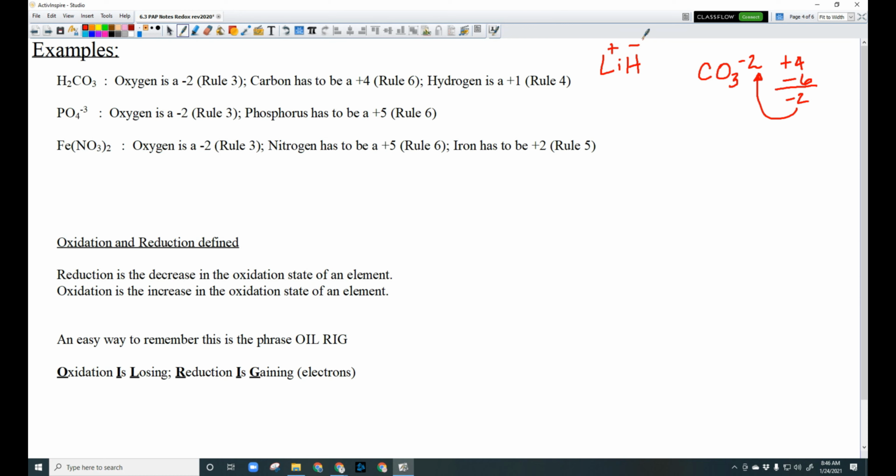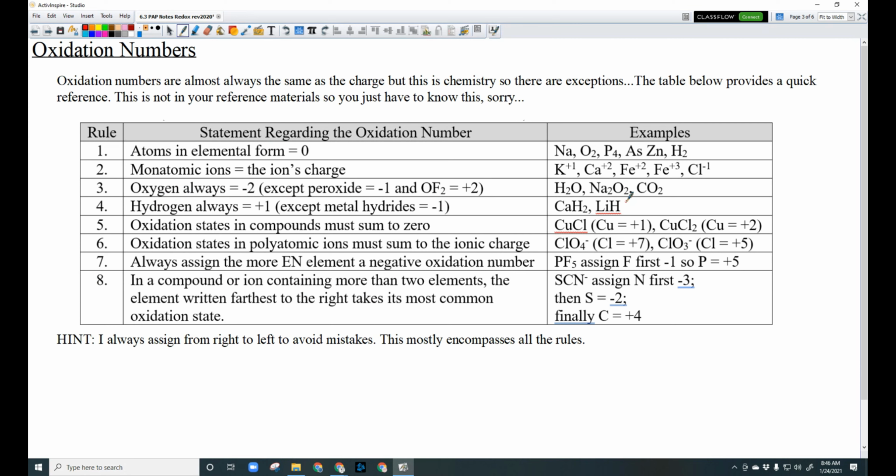So if I know it's positive, negative, and a hydrogen sits here in this second spot, well, I know that hydrogen now is a -1. Okay, so that's rule 4. Okay, so it's a metal hydride. That means this has to be negative because the lithium is positive.